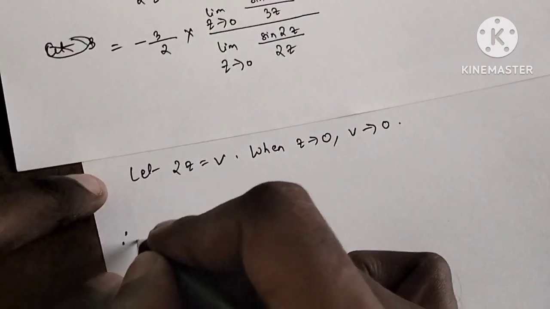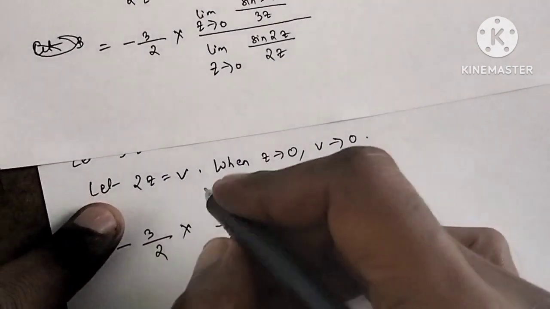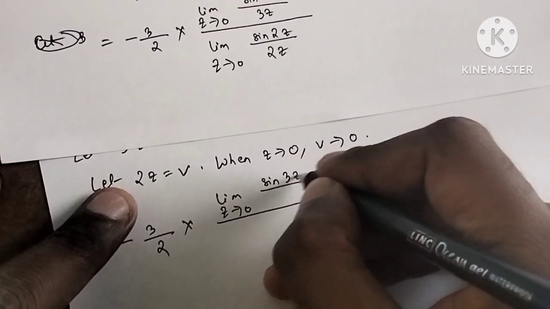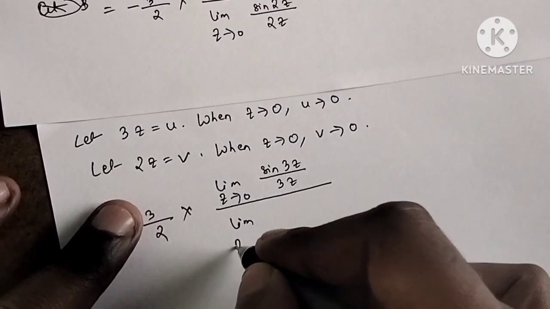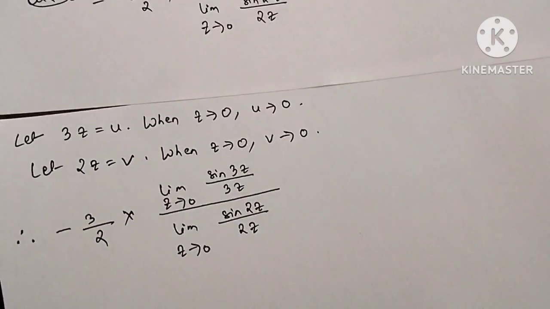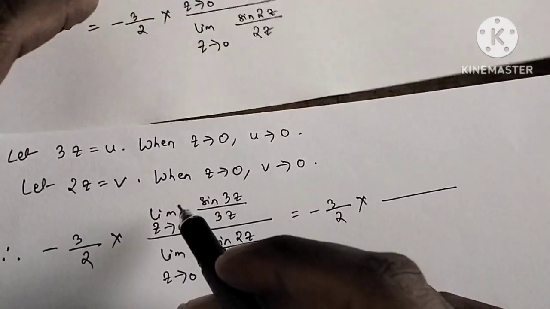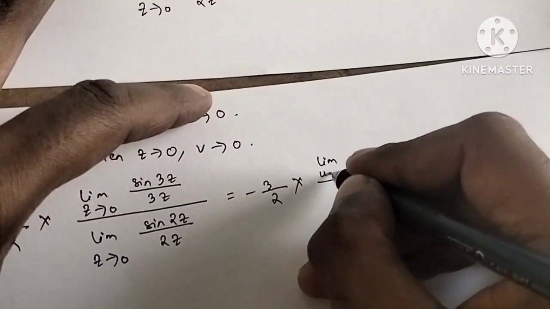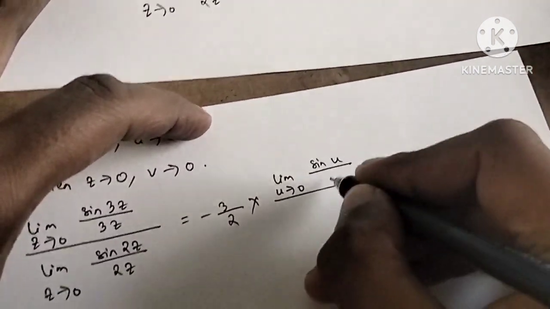So therefore minus 3 by 2 into limit z tends to 0, sin 3z by 3z, limit z tends to 0, sin 2z by 2z can be written as minus 3 by 2 into limit u tends to 0, with 3z equal to u, so sin u by u.